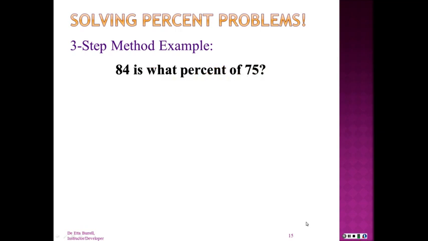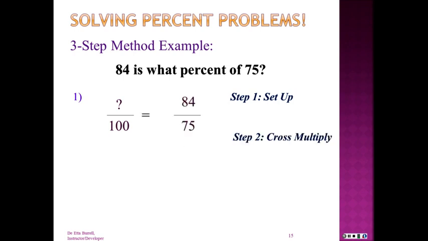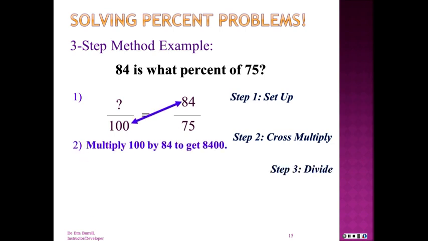Okay, on this problem we said we're looking for the percent. And we had 84 over 75. Where am I going to cross multiply? 84 times 100 is 8400. And then I'm going to divide that by what? 75. When I do that, I get 112.